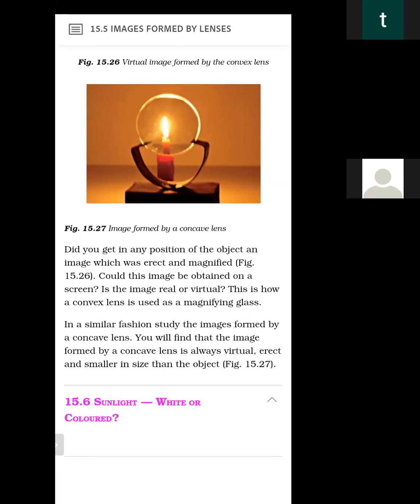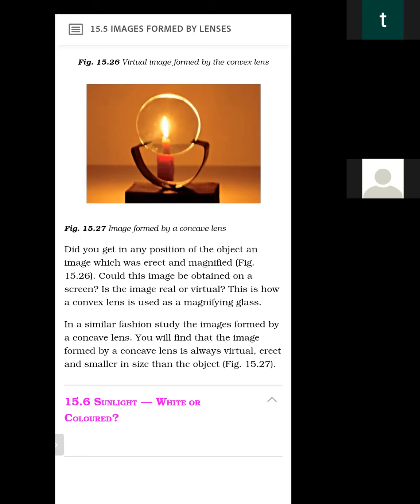So what we have learned about the image of lenses: the image formed by a convex lens can be real, inverted, smaller in size, larger in size, or virtual, erect and magnified. So a convex lens can form any type of image, real as well as virtual, erect as well as inverted, larger as well as smaller. But what about a concave lens?